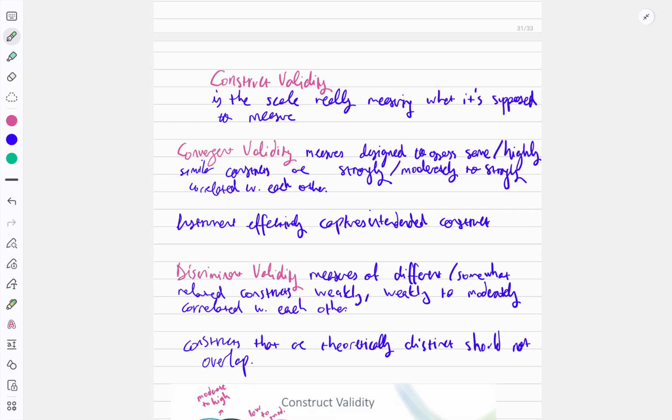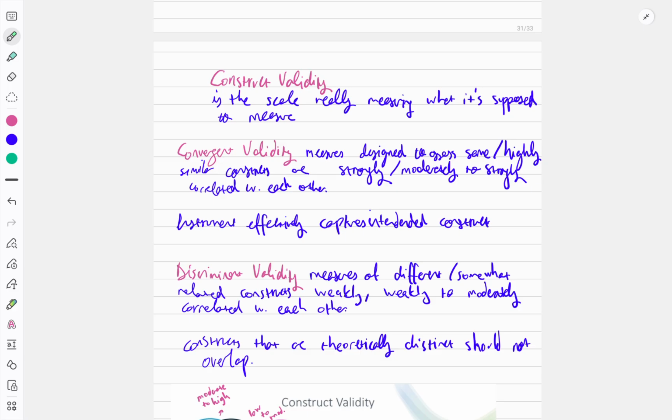So we have gone through this for the entire class, but construct validity asks whether the scale is really measuring what it's supposed to measure. We can use either convergent validity or discriminant validity.